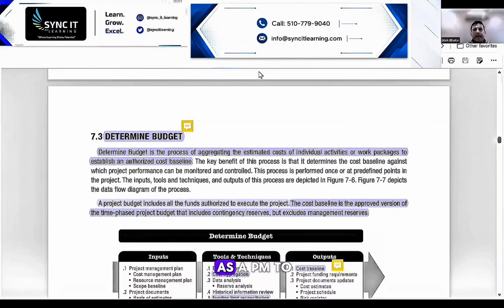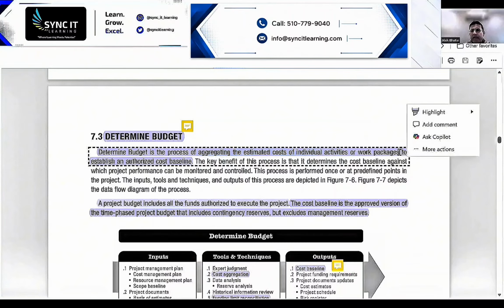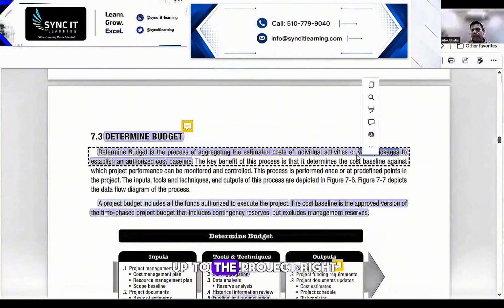It is your job as a PM to take all these costs that you have just documented and estimated, and roll them up into the work packages and then up to the project.